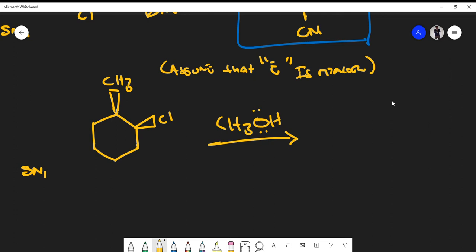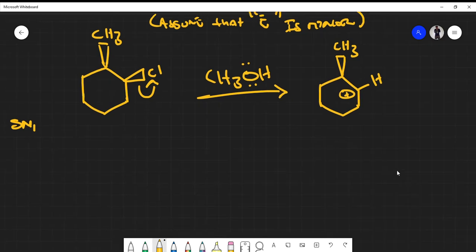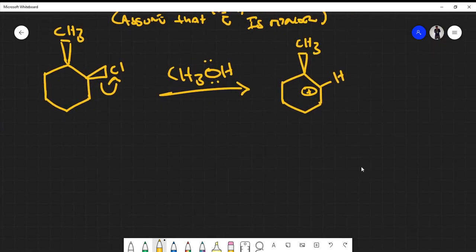So the first thing that happens in an SN1 reaction, the leaving group leaves. So that leaves us with, there's our hydrogen, a secondary carbocation. Now, we could get a more stable carbocation by doing a 1,2 hydride shift.